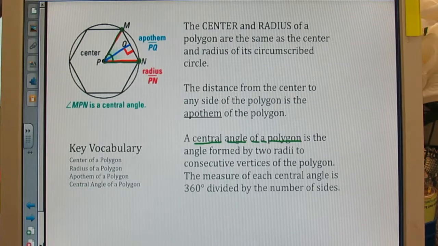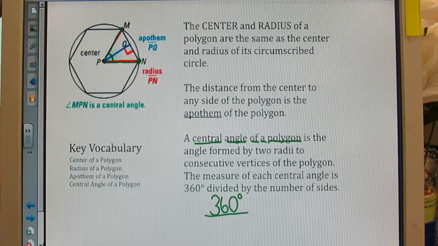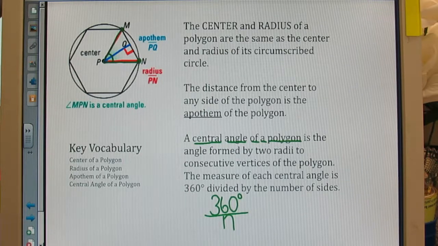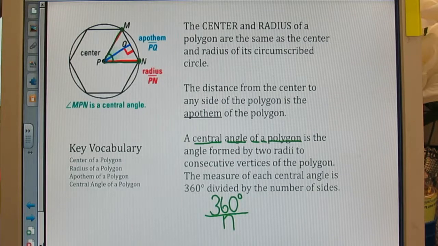And I can find the measure of each central angle by taking 360 degrees, which is the measure of the entire circle, and dividing by the number of sides n. If I was solving for this particular hexagon, my n would be 6 sides, so it would be 360 degrees divided by n.